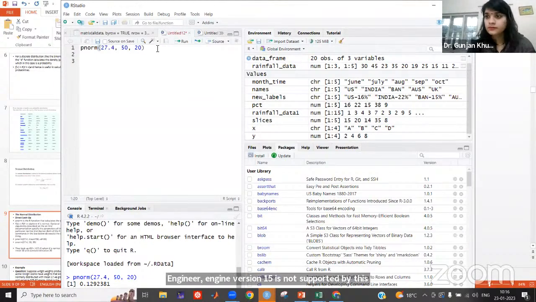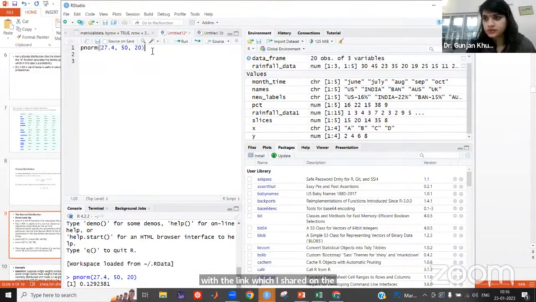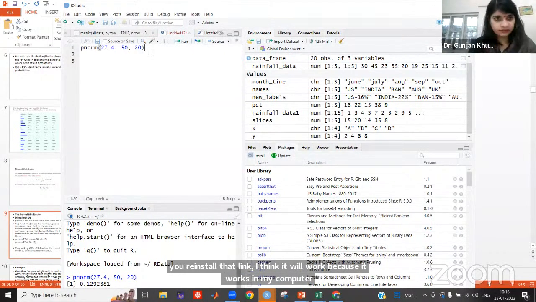The plot tab will be disabled until a newer version of R Studio is installed. Okay, so there might be some problem with the link with which you installed. You can reinstall it through the link which I shared on the presentation. I think it will work because it works on my computer. Okay, ma'am. Thank you.